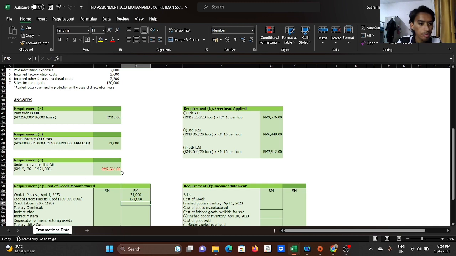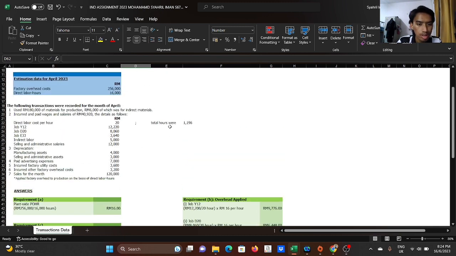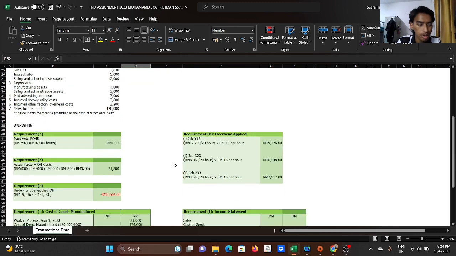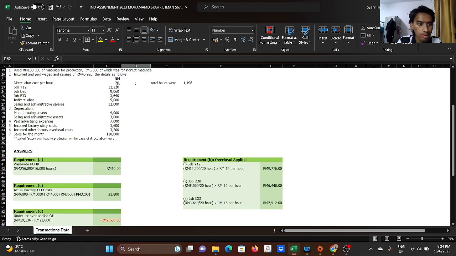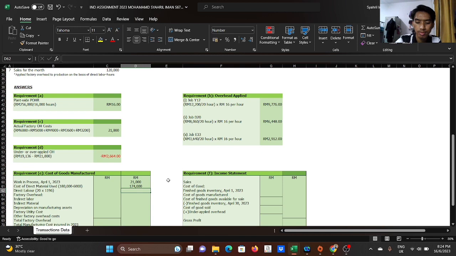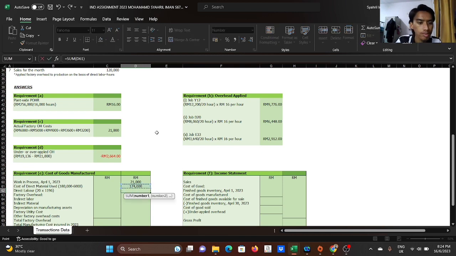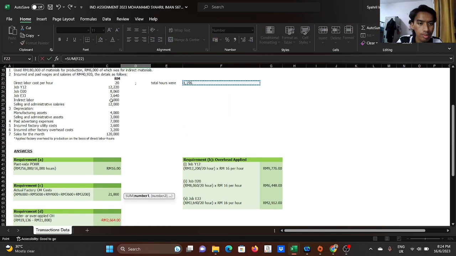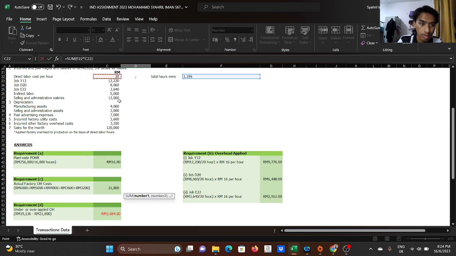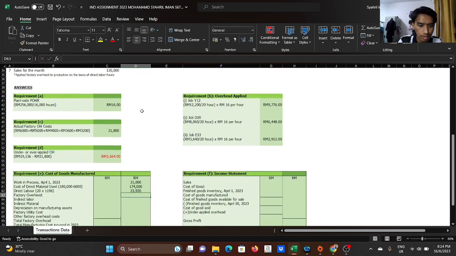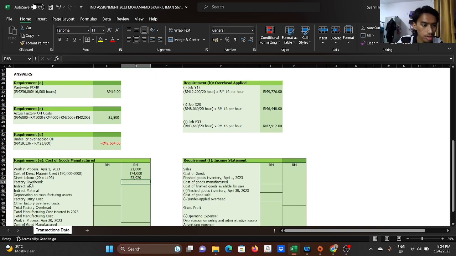Direct labor we get from the total hours used in this production times 20. And we get 23,920. Next is factory overhead.